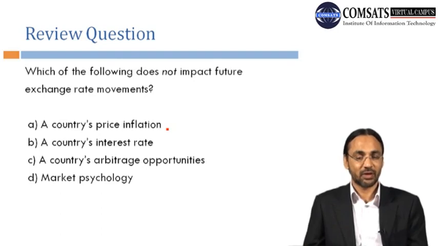Which of the following does not impact future exchange rate movement? Currency price inflation, currency interest rate, country's arbitrage opportunities, or market psychology. These are the four choices, and you have to think really hard.